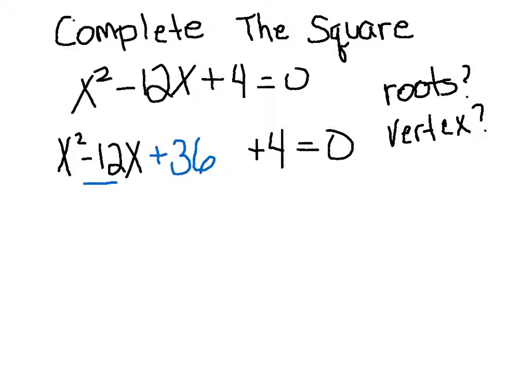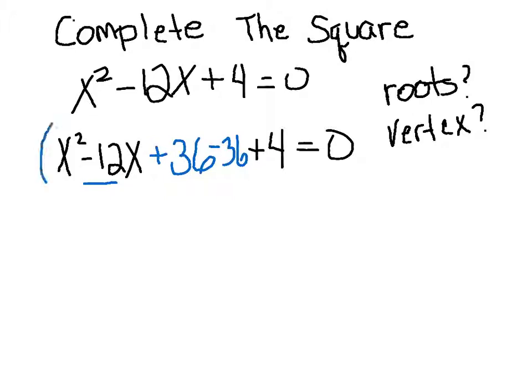Now, if I do that, then I also need to subtract 36 out, so I won't change the value of the equation. I'm really just adding a 0 right here.